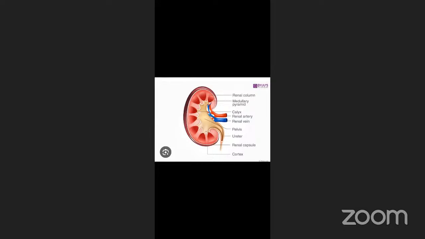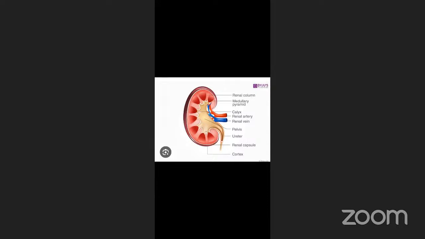The amine group is NH2. The NH2 is usually converted to ammonia, which is NH3. Ammonia is highly toxic in the body and cannot be left to stay in the liver. So it is usually converted to urea.